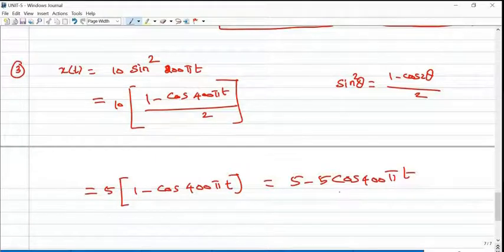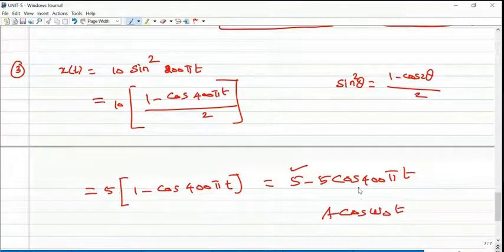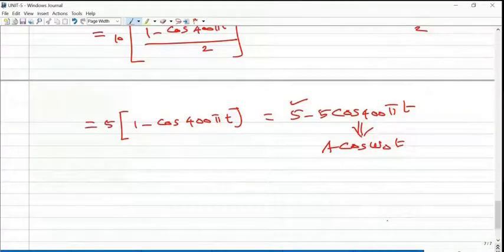Now 5 is a DC component, no need to worry about that. The cos omega naught t term is similar to a cos omega naught t. So only one frequency component is there.